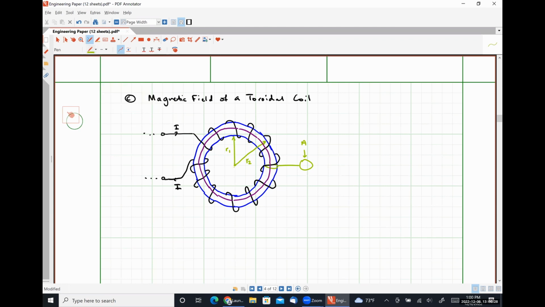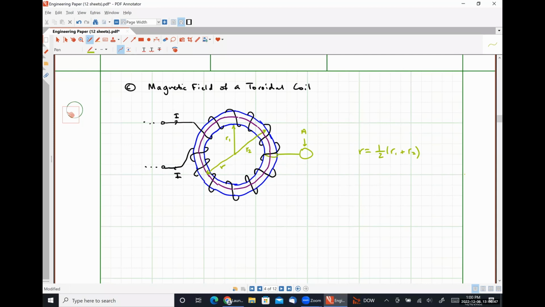And the distance out to this contour, we are going to call R, where R is the average value of R1 and R2. Right.